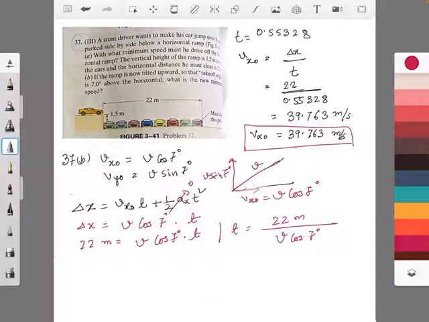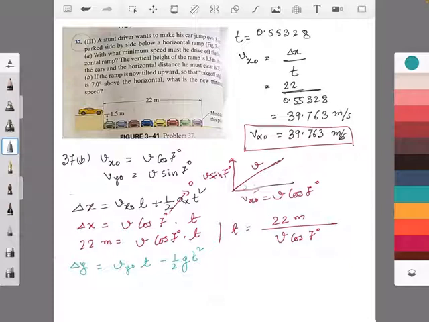Now let's leave the x part of the equation here and go to the y part of the equation. Delta y is Vy0 times t minus half g t squared.